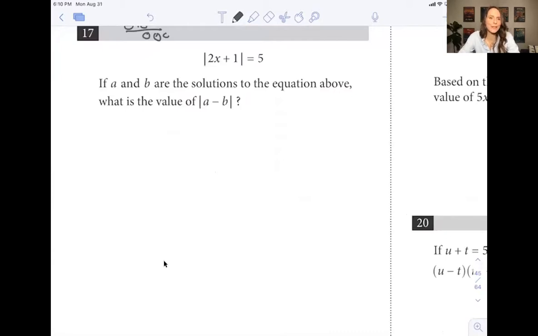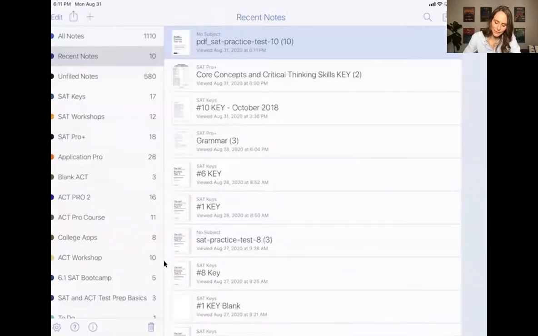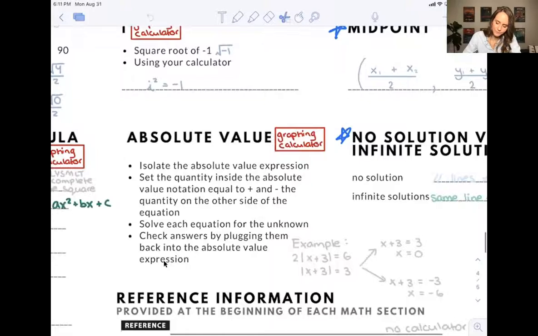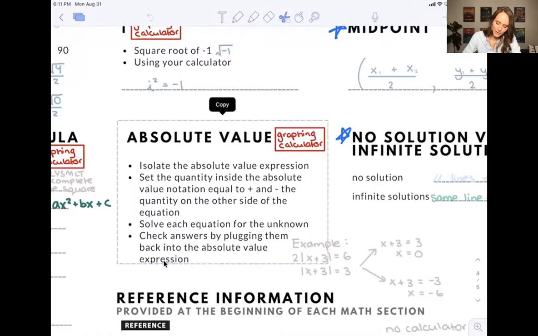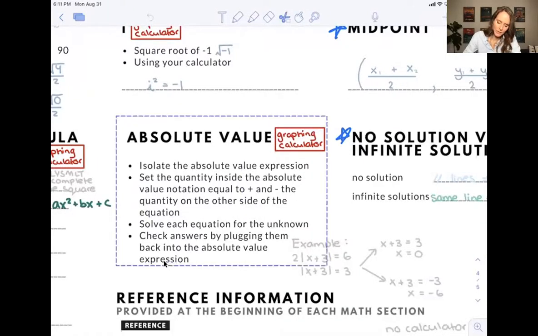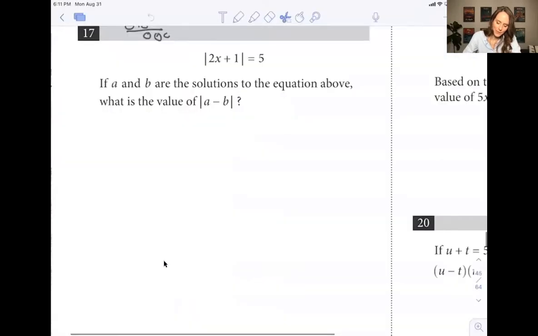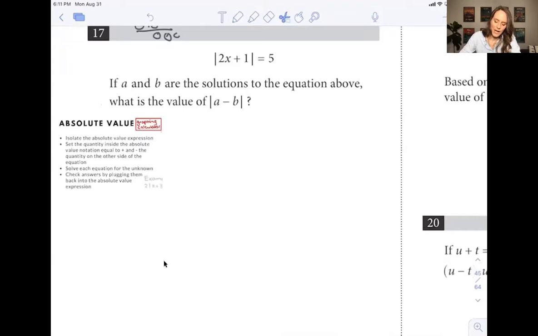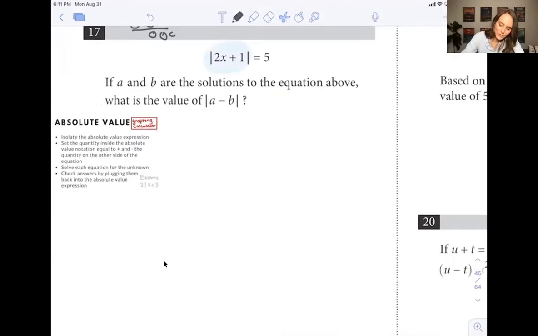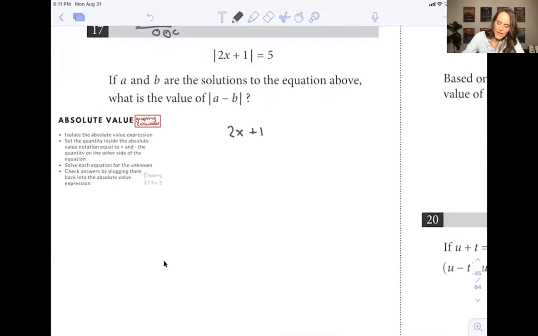So absolute value, this is a core concept, right? And I have the directions to solving an absolute value equation on the back of our core concepts here. So I'm just gonna pop it here as a reminder that it is a core concept. But what we're gonna do here, our absolute value is already isolated. So we're just gonna pop off those absolute value bars and have 2x plus 1 equal to 5 and 2x plus 1 equal to negative 5.